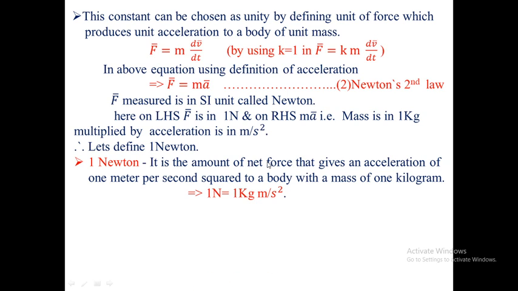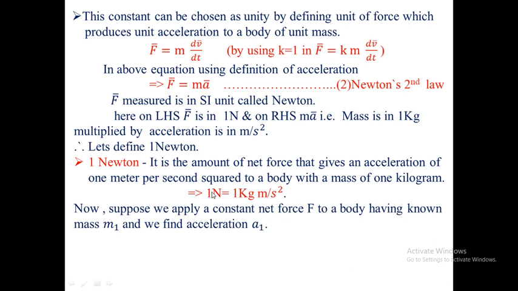This is the definition of 1 Newton, that is 1 Newton will be equal to 1 kilogram meter per second square, or 1 kilogram into 1 meter per second square. This will give you 1 Newton of force. Okay, now let's discuss some quantities related to mass.